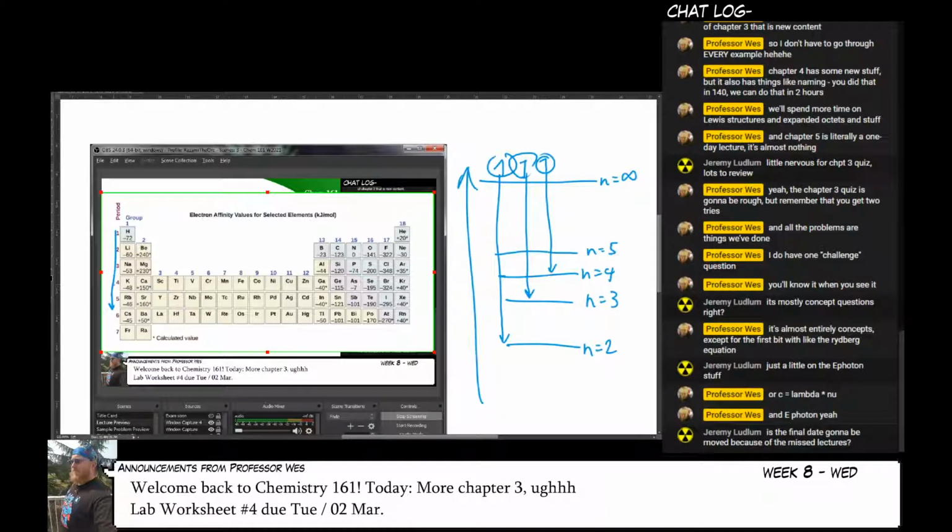And that's going to be universally true: as you go down, they tend to get slightly less negative. Now, there are, of course, some exceptions. There's some weird stuff going on here and here, and also here. We're going to talk about those groups specifically. Then, as we go across the periodic table, let me erase all this real quick.